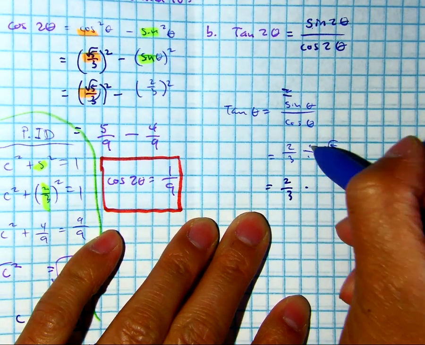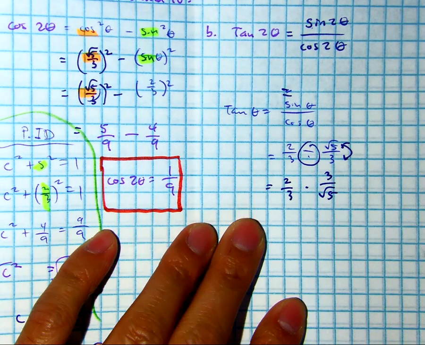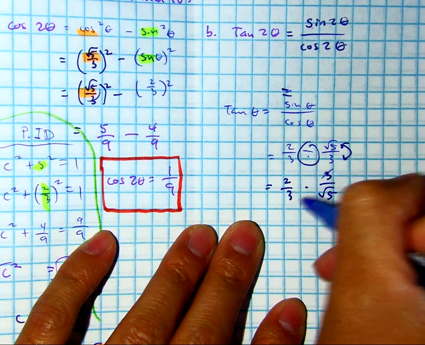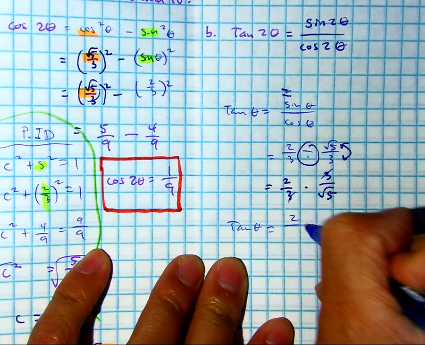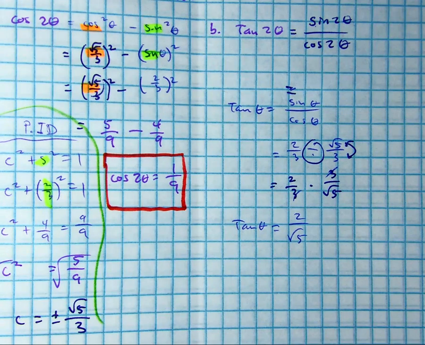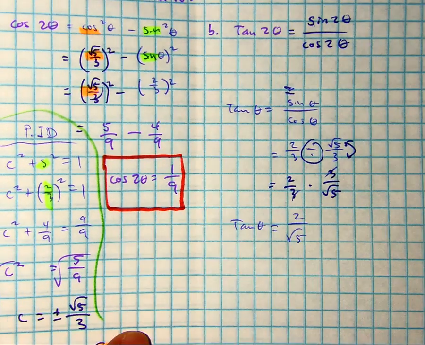And then I'm going to change that to multiplication. So I'm going to get tangent of theta equals 2 over radical 5. You could rationalize that, but we may not even need to use that. So let's use this one.